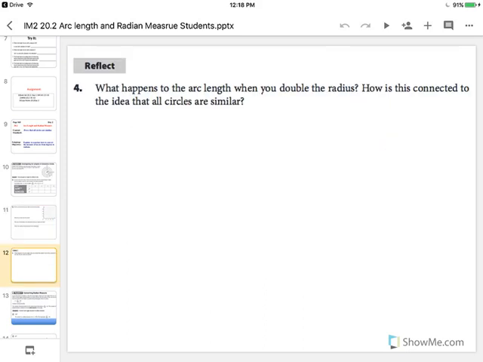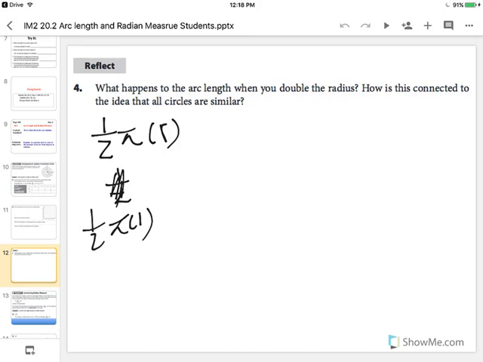For number 4, what happens to the arc length when you double the radius? How is it connected to the idea that all circles are similar? The constant term we have is 1/2 pi times the radius. If the radius is 1, this is just 1/2 pi times 1.